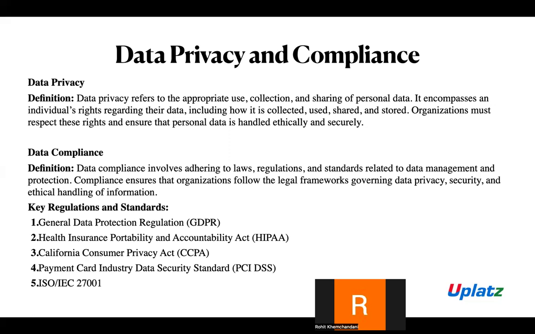In case of some mistake, an incident response plan should be there, along with privacy impact assessment. Again, data privacy and compliance are essential elements of data governance, ensuring that organizations manage and protect data responsibly. By prioritizing these aspects, organizations can build trust with stakeholders and mitigate the risks.